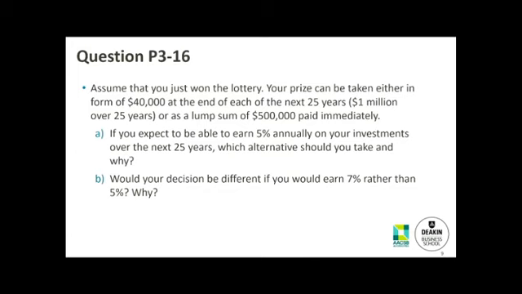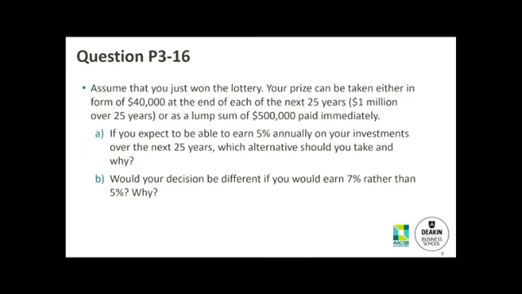Whichever gives you a higher present value, you go for that option. That's it. Does this make sense for you? To this end, all we need to do is to work out the present value of the first option. What is the present value of the first option? Tell me. What is the present value of the first option?